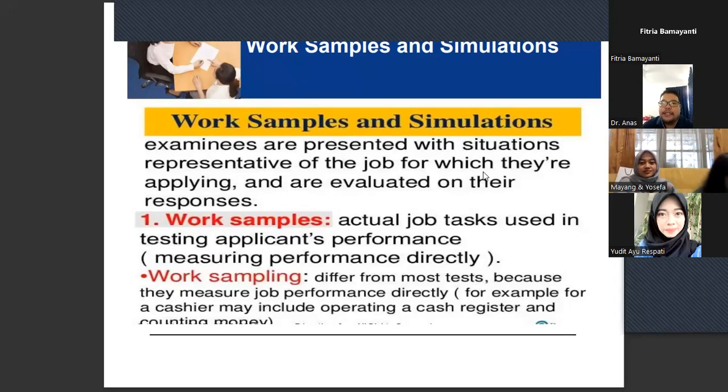Okay, so this is maybe the first step or first level that the examinees, the potential prospect as staff, do, the work sample.